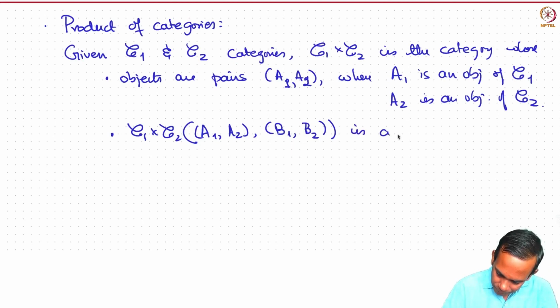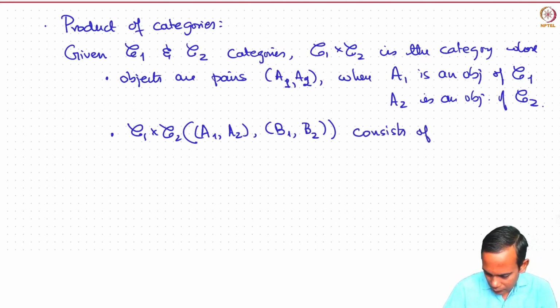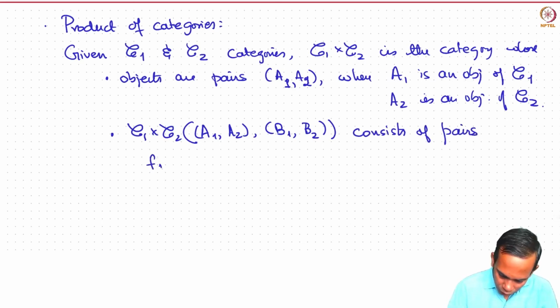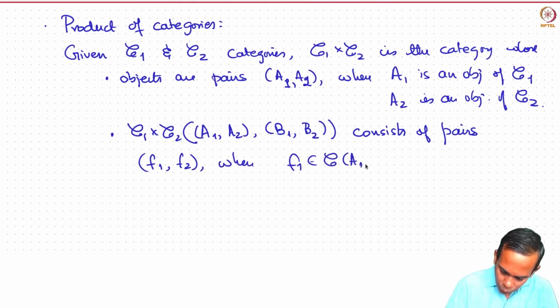consists of pairs (F1, F2), where F1 is an arrow from A1 to B1 and F2 is an arrow from A2 to B2.